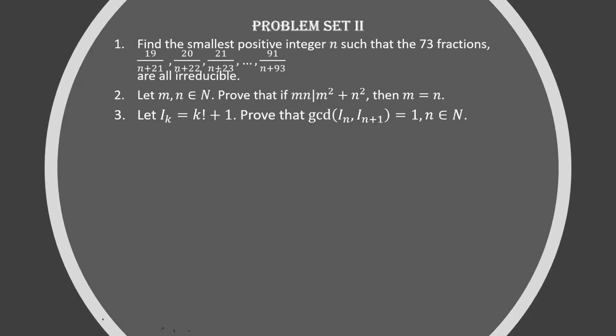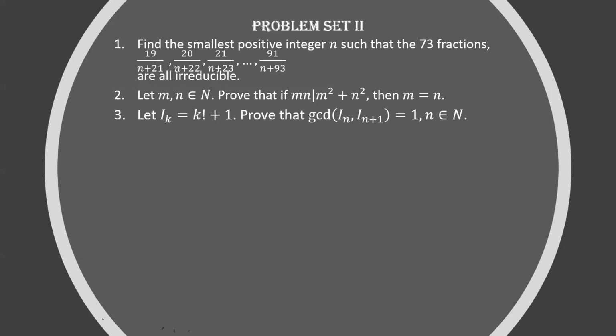Because a condition is given, this is automatically true. That is correct, but the first statement itself is wrong. You have given that mn divides m plus n, so m equals n. That is itself wrong. You have arrived at that step correctly, but you have not proved why after that step it should be true.